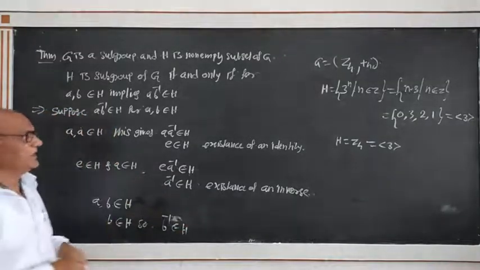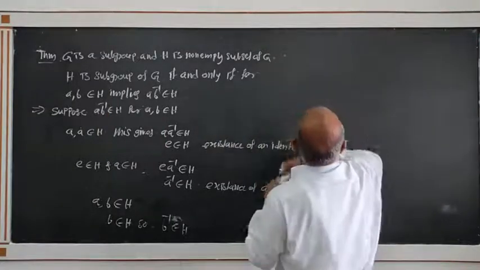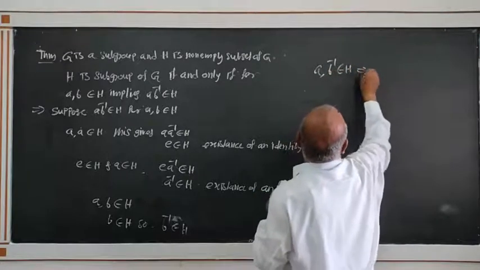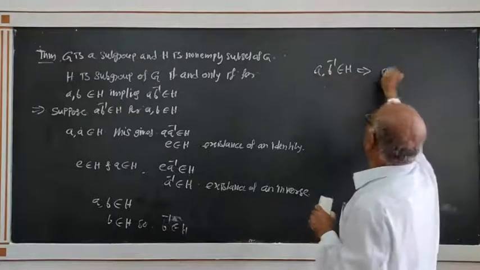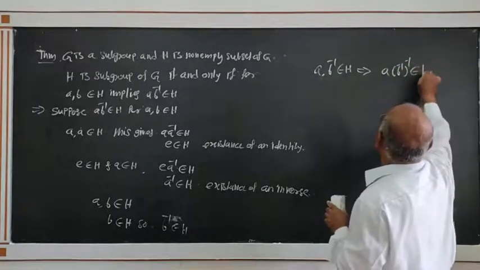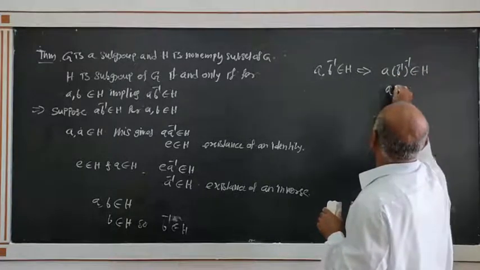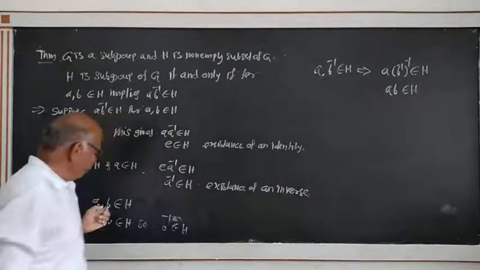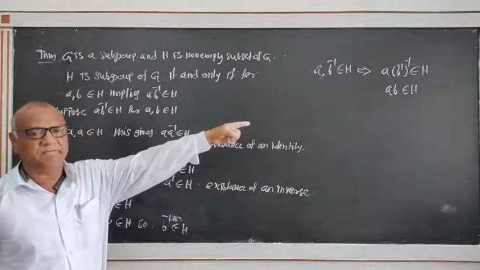Now a, b inverse belongs to H. This implies a times b inverse of inverse belongs to H. That means b inverse of inverse is b itself, so a b belongs to H. We get a b belongs to H. Closure property satisfied.